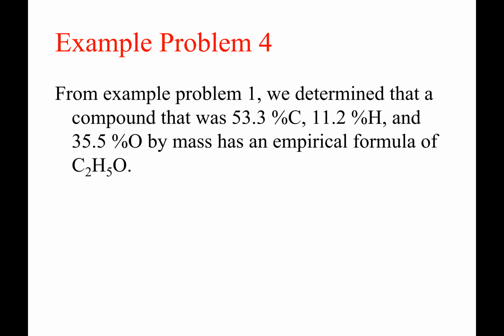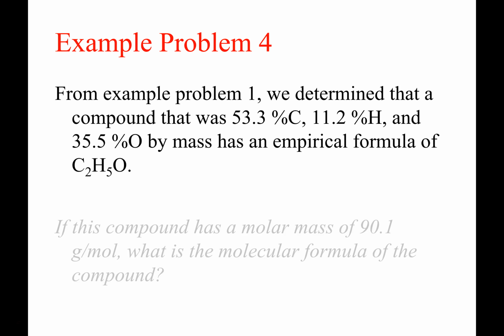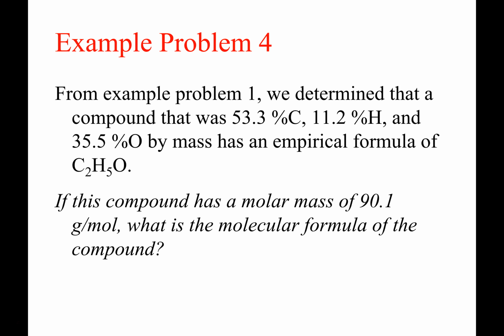So let's see what that looks like. We'll pick on something that we already knew the empirical formula of. So we know, relatively speaking, we have 2 moles of carbon, 5 moles of hydrogen, 1 mole of oxygen. That's the empirical formula, but we don't know what the molecular formula is. What if somebody said that we know that the molar mass for the compound is 90.1 grams per mole?